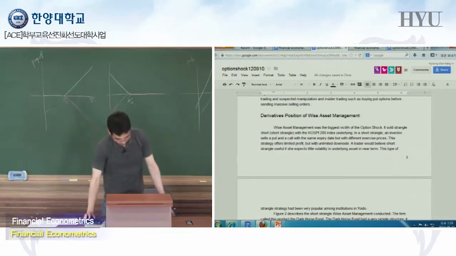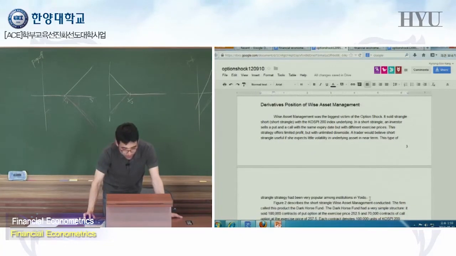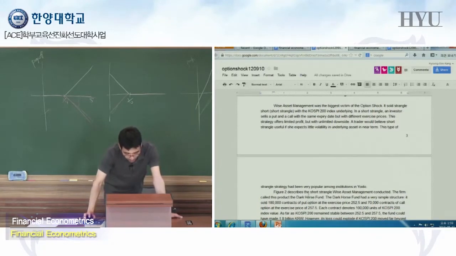So let's continue. This type of strangle strategy has been very popular among institutions in 여의도. Figure 2 describes the short position that actual YSM Asset Management conducted.